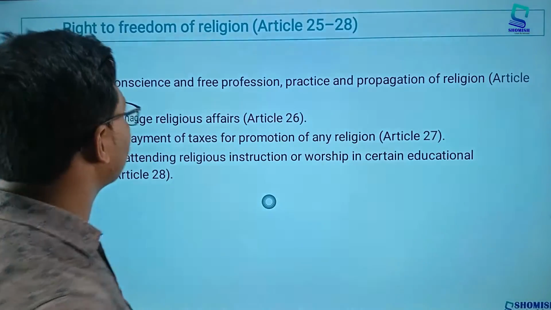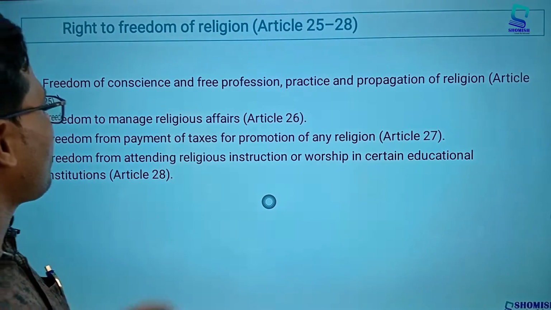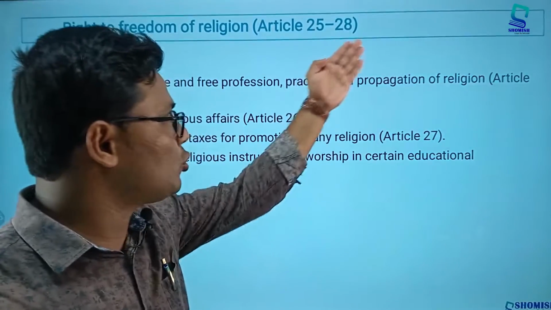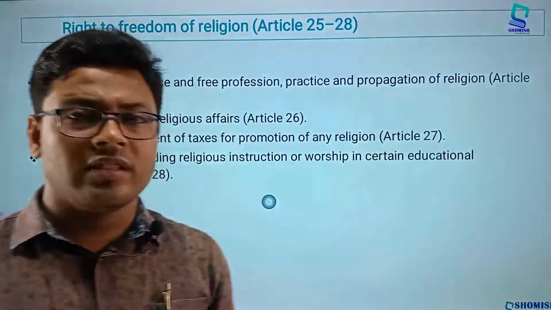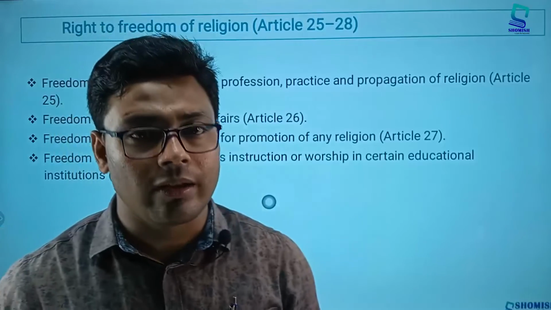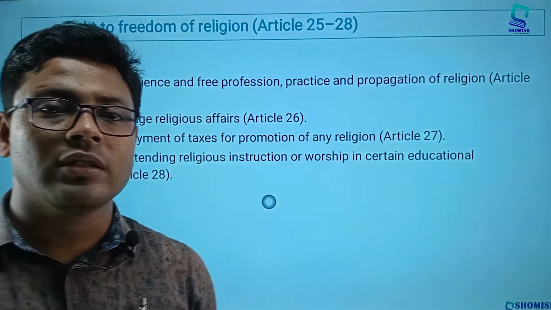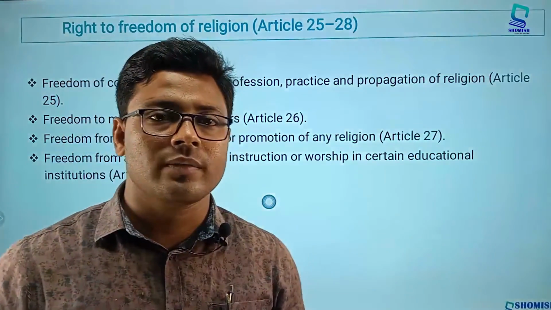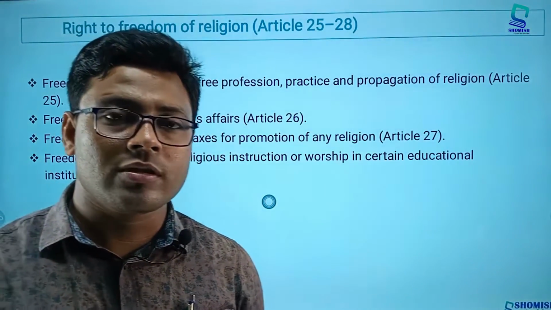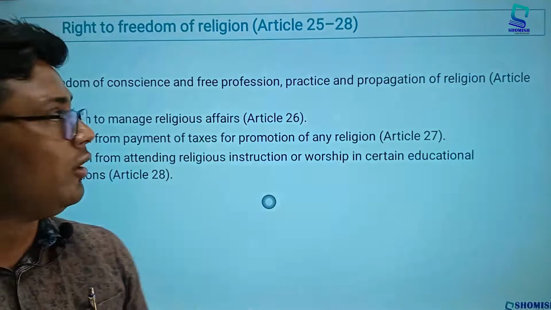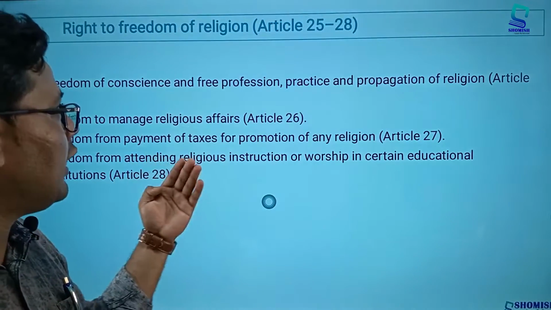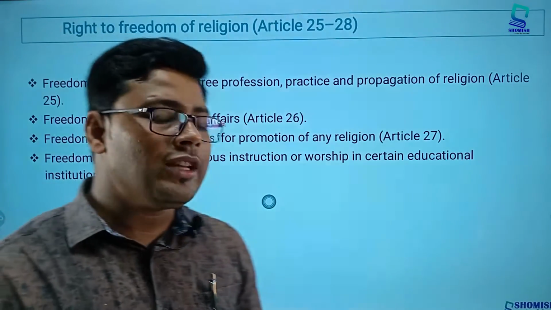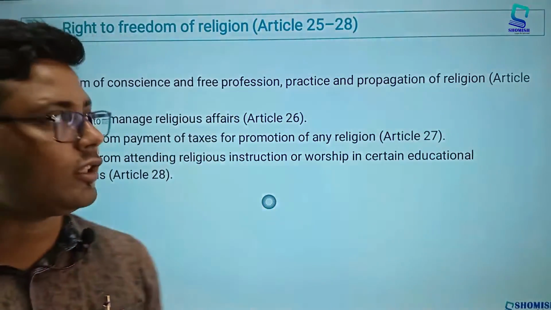The next, right to freedom of religion, Article 25 to 28. This is a very contemporary article right now. We know that India is going through the Hindu orthodox, hijab issues, etc. So, right to freedom of religion, that is very important.